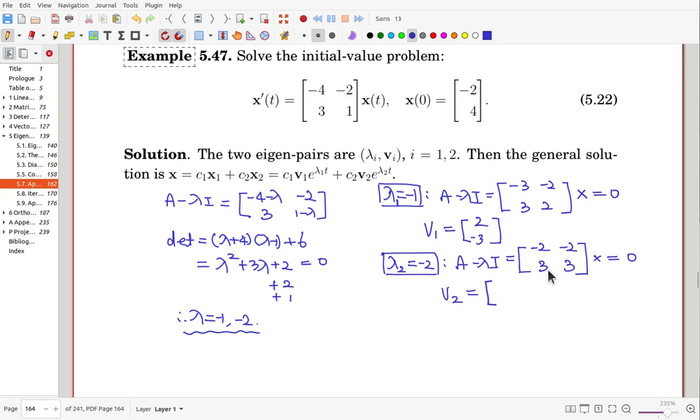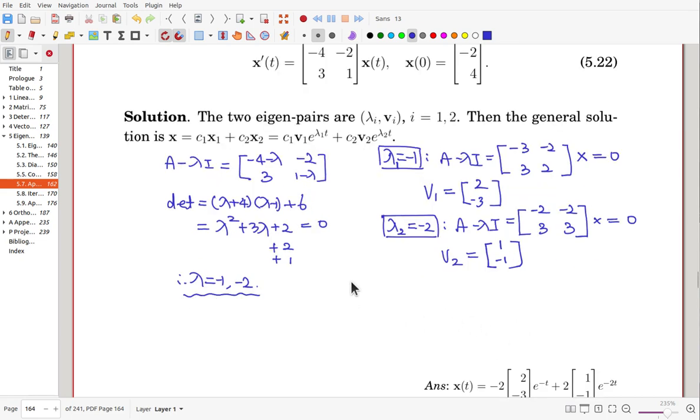Essentially that is the same, so anyway, 1 and 1, and let's try to choose minus for that one. So we reach an eigenvector.